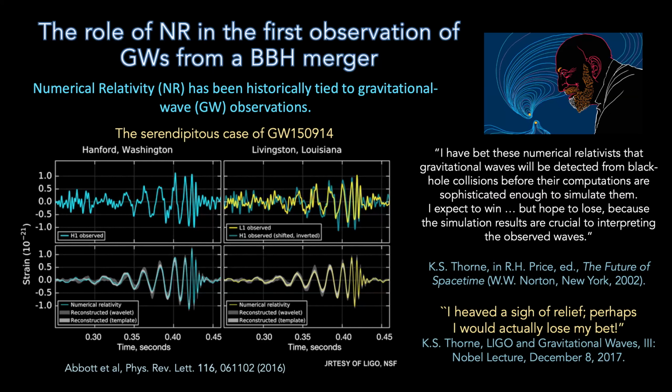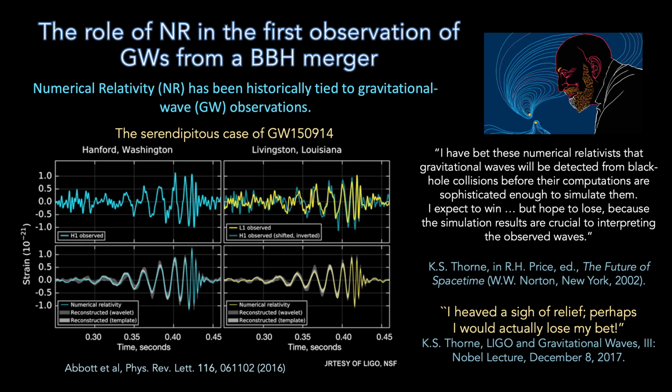And this was, in a way, a culminating event we had, with the observation of the first binary black hole merger and their gravitational wave, GW150914, where you can see how the numerical relativity calculations, which were also used to calibrate analytical relativity waveform models, match the data fairly well.